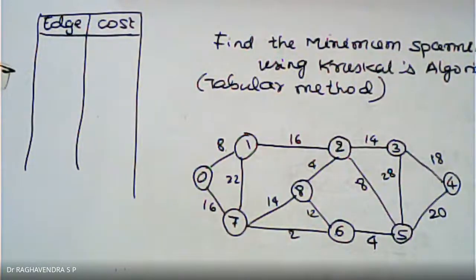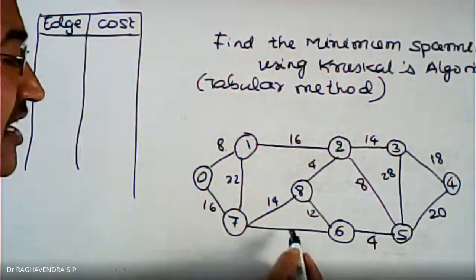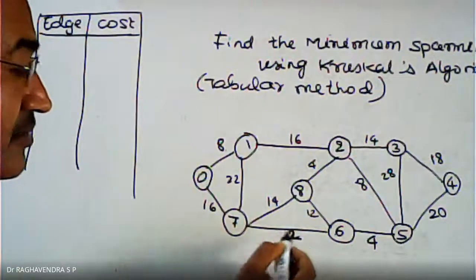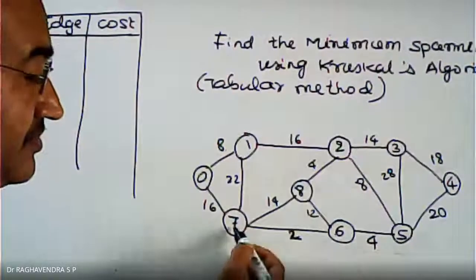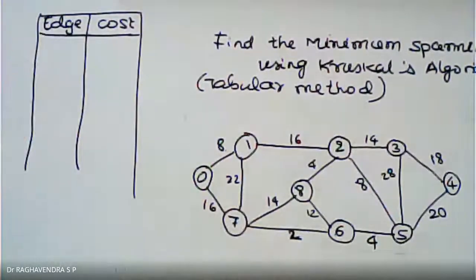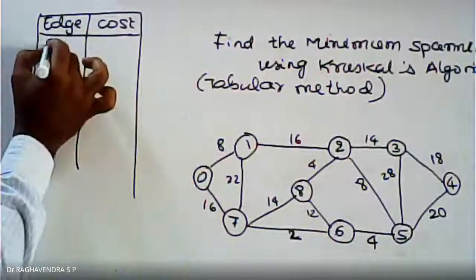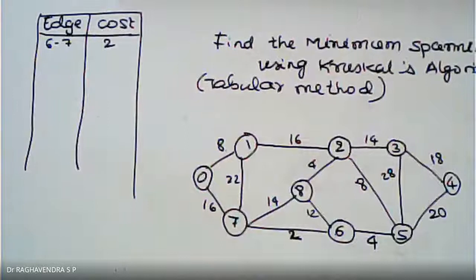Which edge contains the lowest value? 2. So what is the edge? 6 to 7.